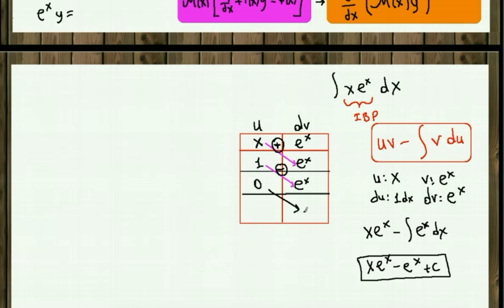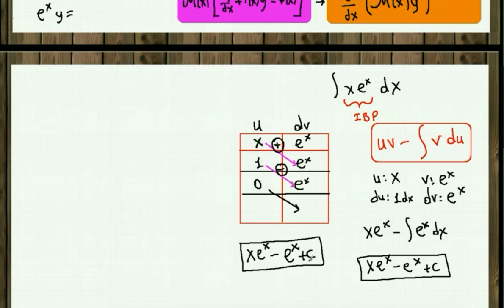Now, x times e to the x plus, we have a negative sign here, so 1 times e to the x plus c. As you can see, the tabular method is fast and more practical.